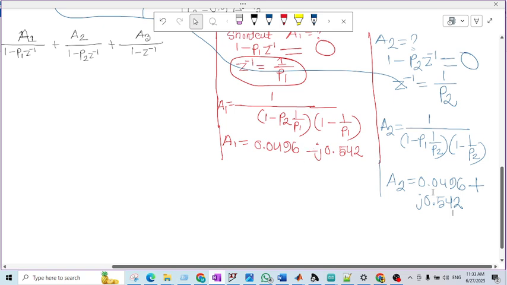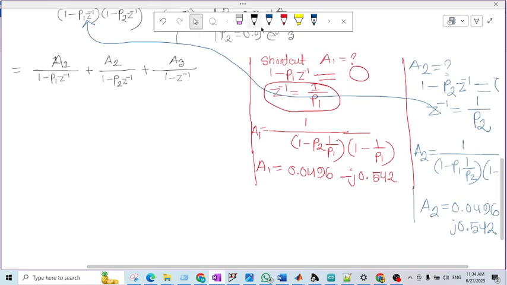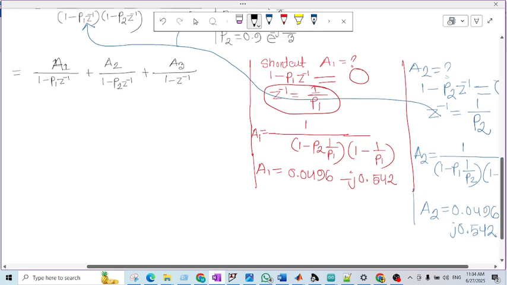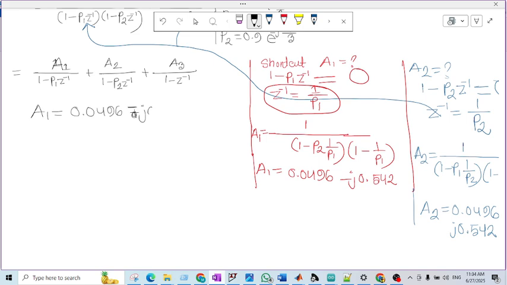You see a1 and a2 are conjugate to each other, and so I easily can get the value of a1, which is 0.0496 minus j 0.542, and a2 is equal to 0.0496 plus j 0.542. Okay, let's assume that a1 is equal to a and a2 is the conjugate, right?